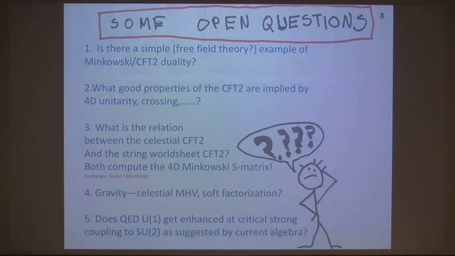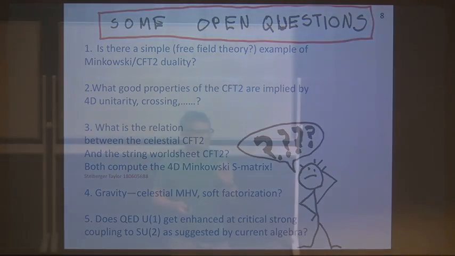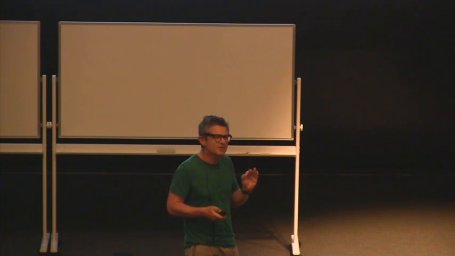The S matrices which they produce, interpreted as four-dimensional S matrices, obey unitarity, crossing symmetry, all the good properties of four-dimensional S matrices. And those good properties, things that we know exactly about these putative 2D CFTs, must translate into some good properties of the 2D CFTs. They're just not exactly the good properties that we're used to.